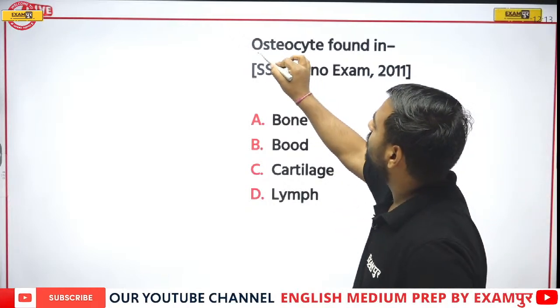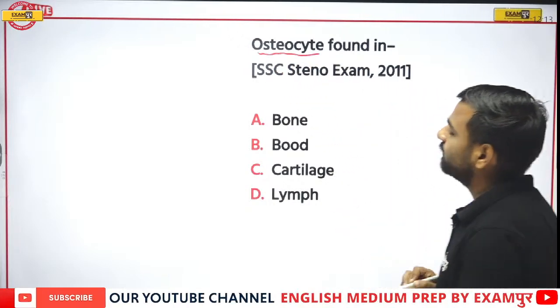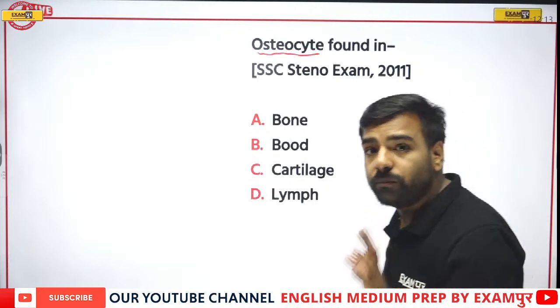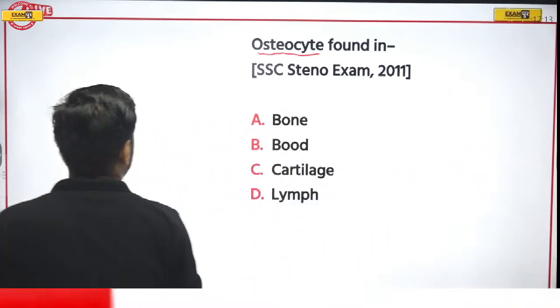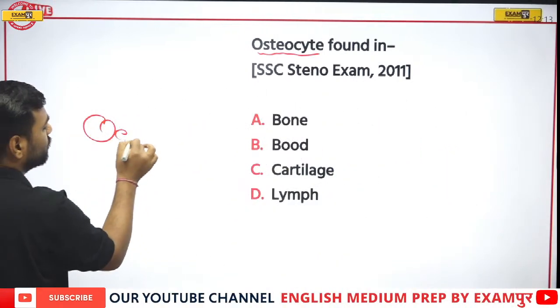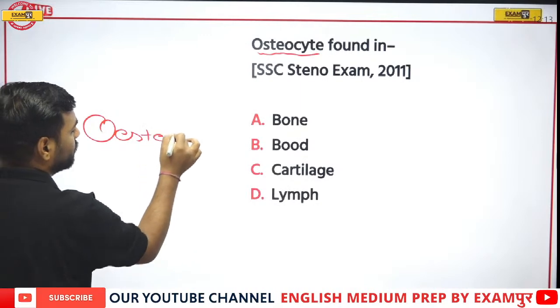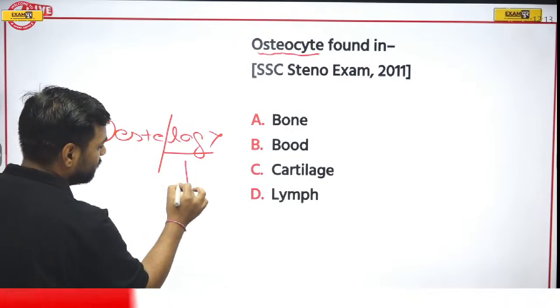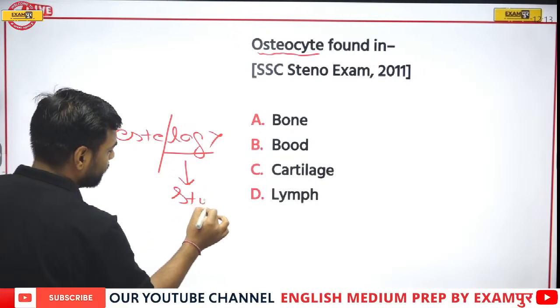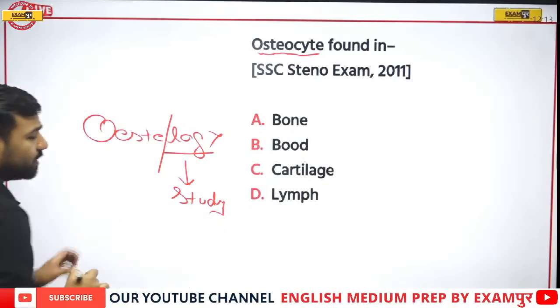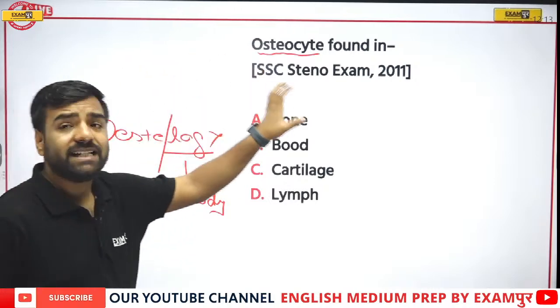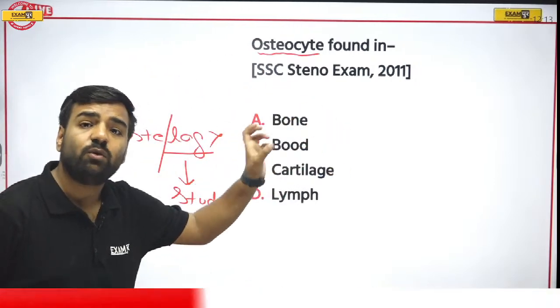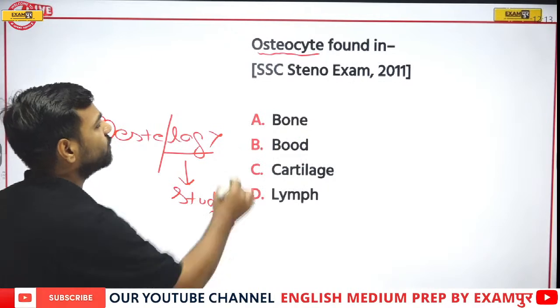When we are talking about osteocytes, this means we are talking about bones. Let me write something for you. When we write osteology, again I'll say the same thing: logy means study.